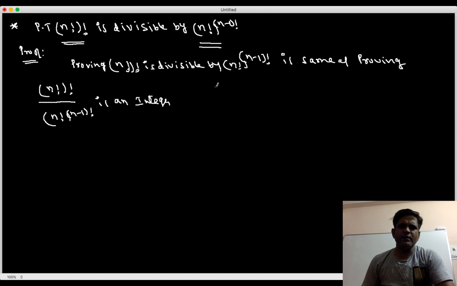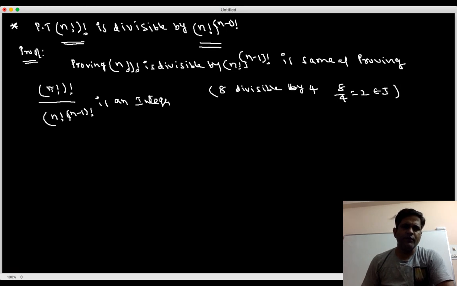For example, proving 8 is divisible by 4 means 8 by 4 is an integer, 2 is an integer.